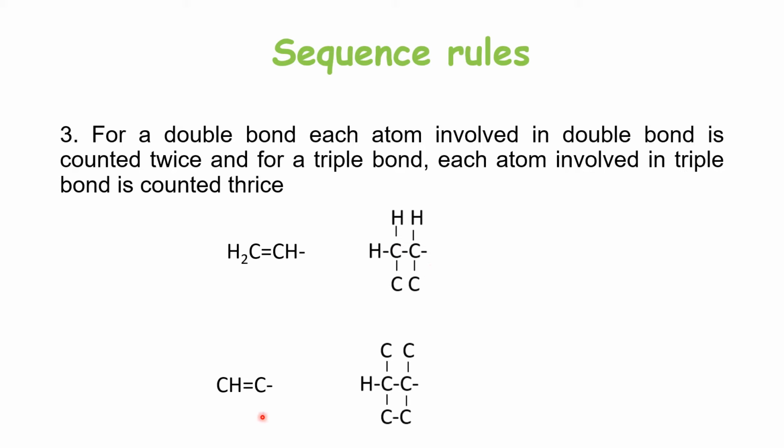Considering a triple bond between two carbons, it will be actually a total of 6 carbons. Now this will work when the connected atoms are same. If they are different, you need to again go back to the first rule, and the atom which is bearing more atomic number, you will give priority to that.